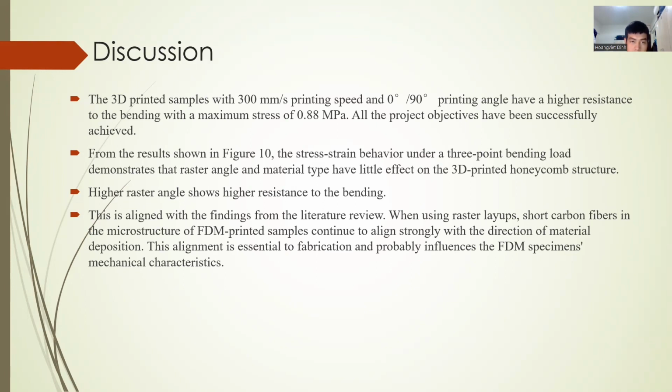When using raster layers of short carbon fiber, the microstructure of FDM printed chambers continues to align strongly with the direction of material deposition. This alignment is essential to fabrication and strongly influences the FDM specimen's mechanical characteristics.